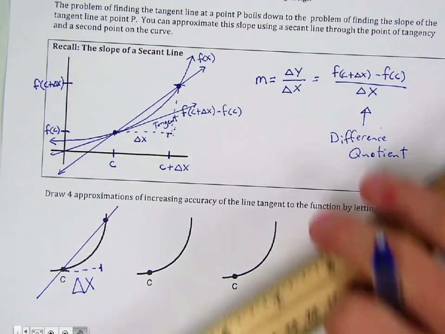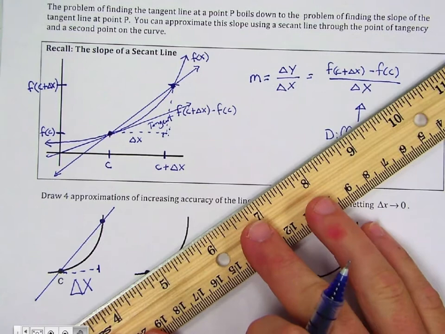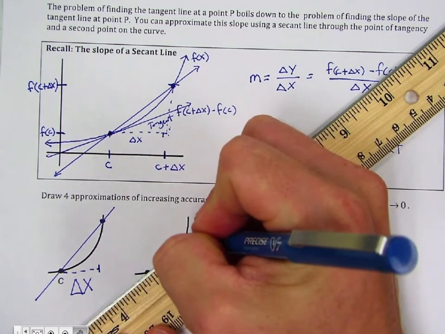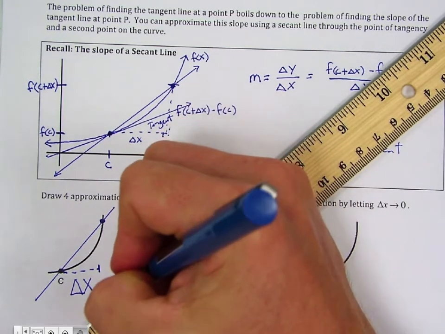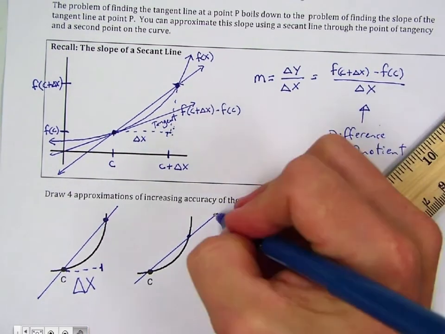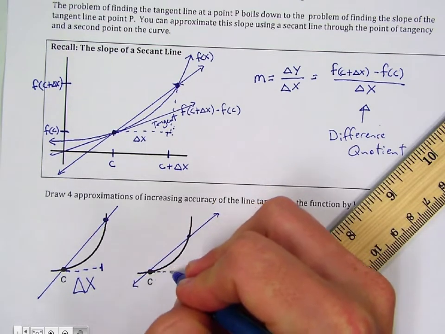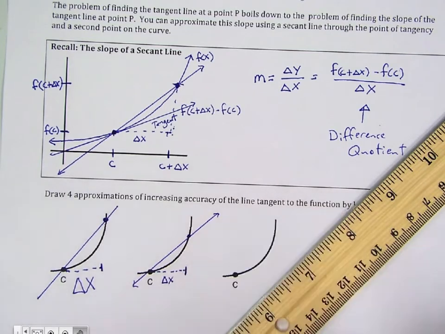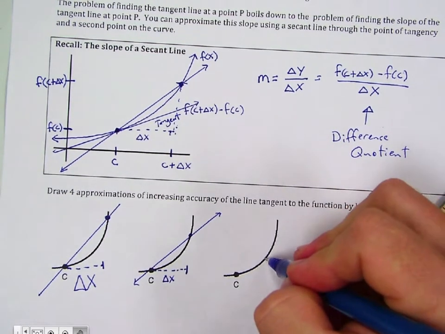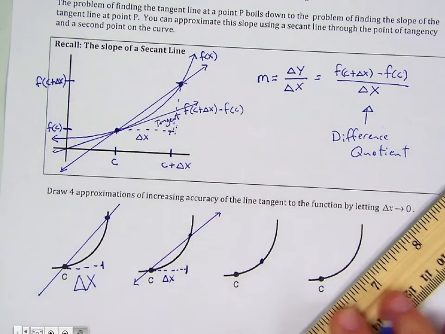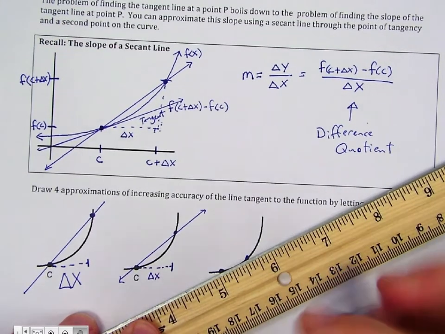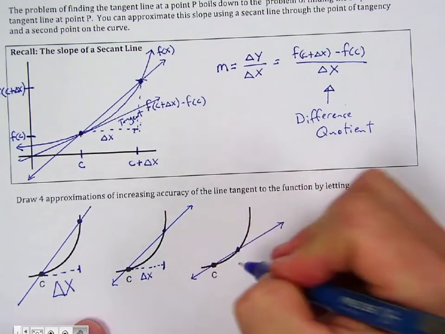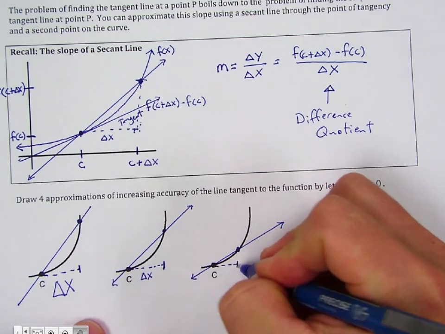Now if I want to make increasing accuracy, I'm going to move this point closer to my c. So notice my delta x is getting smaller. So I want to move the point even closer now. Let's go right there. Now you can see delta x even smaller.